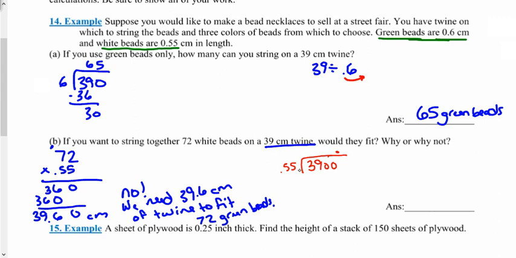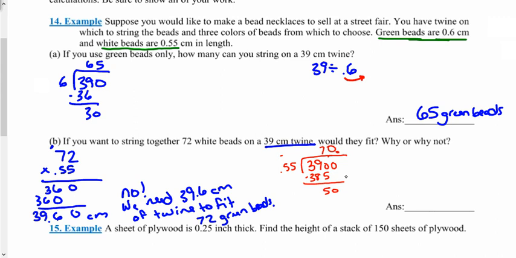So let's start out. 5 doesn't go into 39. It does go into 390 5 times. All right, and then that's 385. Okay, that's 5. And then 55 goes into this 0 times. So 70 and change.